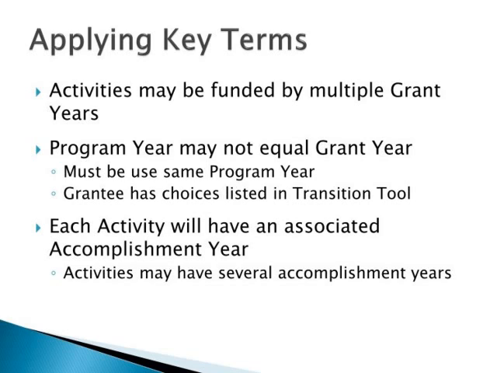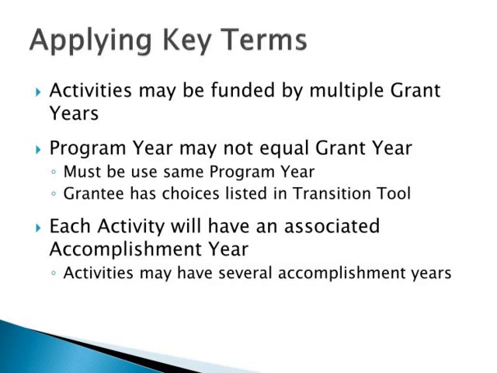First, if as the grantee, you generally use a single grant year to fund activities, the grant year and the program year may be the same. But if you tend to fund activities for your project sponsors using multiple grant years, you can use one of several options. The important thing is to choose one methodology and use it consistently from year to year.